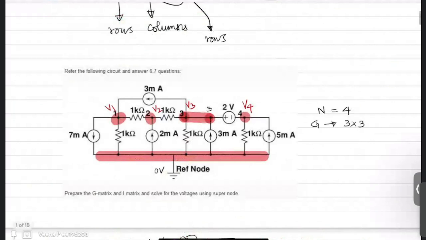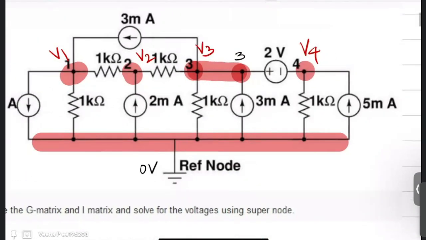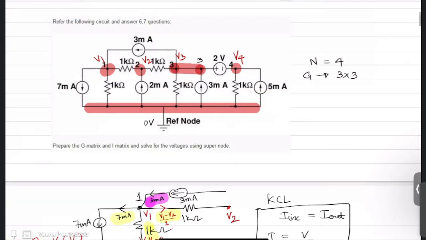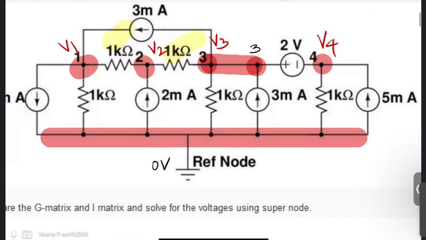Now I am going to my second node. When you take the second node, you have 1 kilo ohm and a 2 milliampere current source.